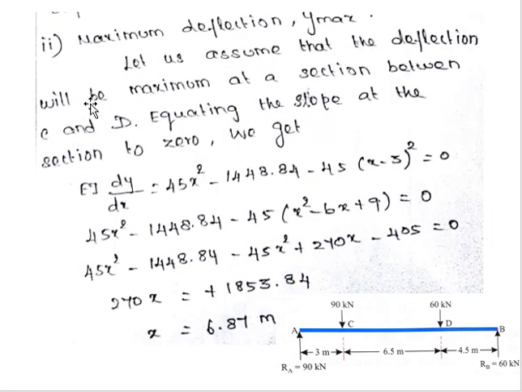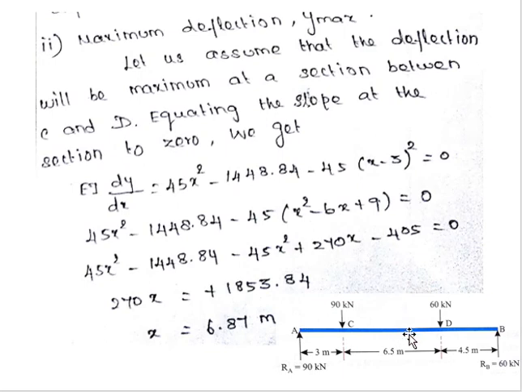And also, the second point in the problem asks what is the maximum deflection that occurred on the beam. To find the maximum deflection, first we have to find the maximum deflection position. Let us assume that the deflection will be maximum in the section between C and D, because in a simply supported beam the maximum deflection occurs roughly in the middle part only.